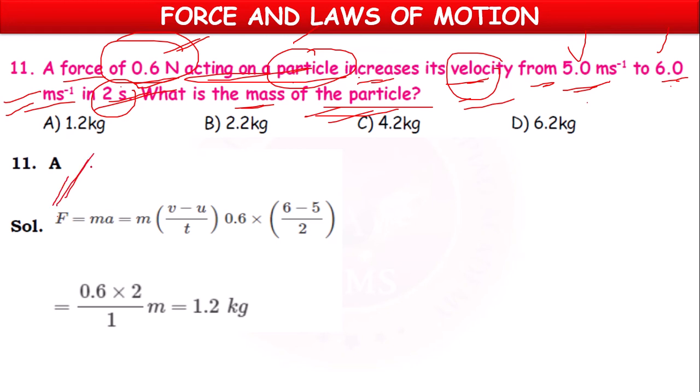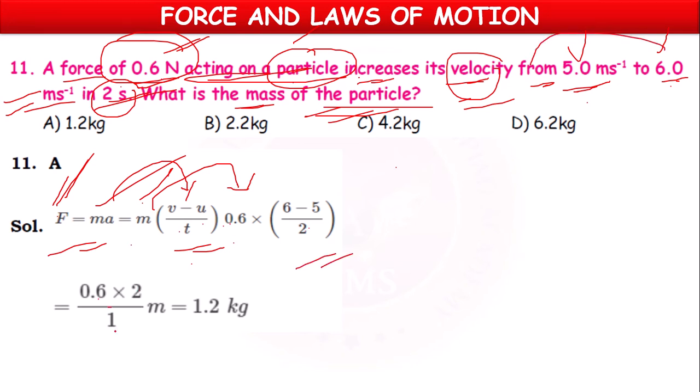So we have the force formula F equal to ma, m into, in the place of a we can keep v minus u by t, in the place of m we can keep 0.6, v minus u means 6 minus 5 by 2, 0.6 into 1 by 2, 6 minus 5 means 1.